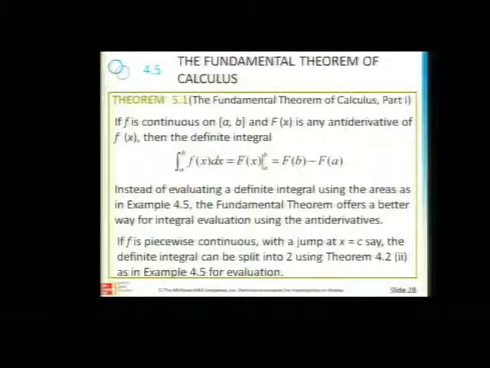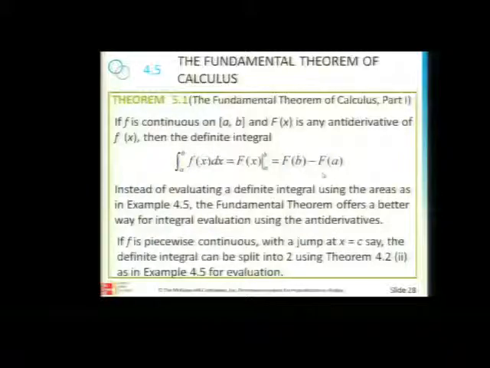You just have to evaluate this one, which represents F(b) minus F(a). In other words, you evaluate the antiderivative, the capital F, at the two endpoints, x equal to a and x equal to b, and then you take the difference. The one that corresponds to the upper limit minus the one that corresponds to the lower limit.